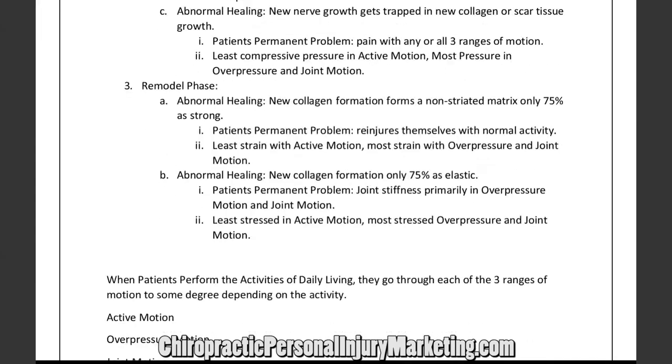So then I go to the remodel phase and do the same thing. Abnormal healing: new collagen formation forms in a non-striated matrix, only 75% is strong. What does that mean to the patient?